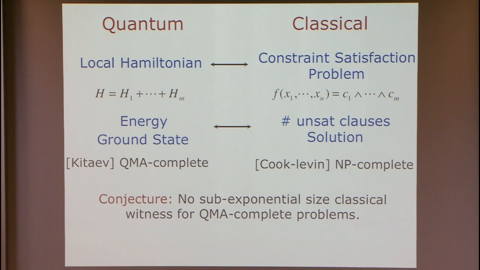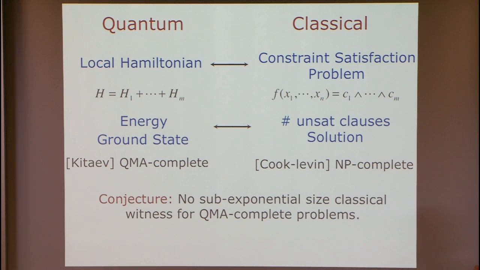Now, as I said before, there's this dictionary in translating local Hamiltonians to constraint satisfaction problems. So the next part of the dictionary lies in realizing that the Cook-Levin theorem, which says that satisfiability is NP-complete, has a corresponding theorem on this side, which was discovered by Alexei Kitaev, who showed that approximating the ground energy of a local Hamiltonian is QMA complete.